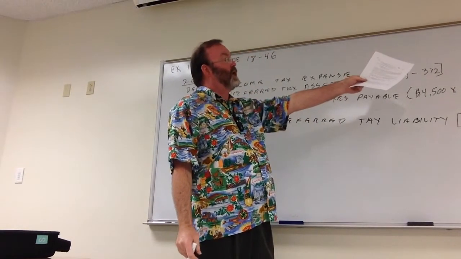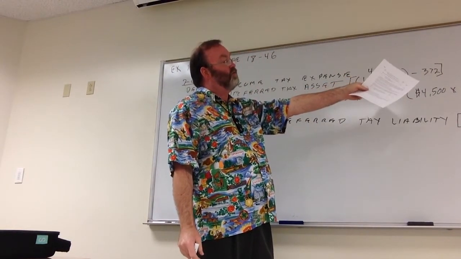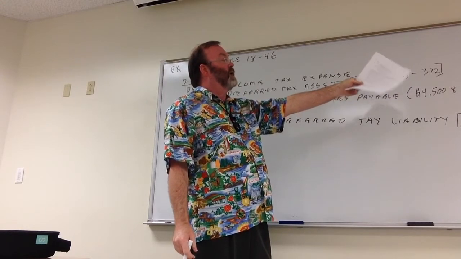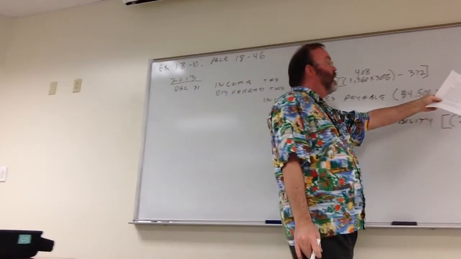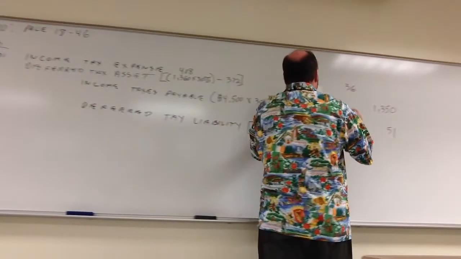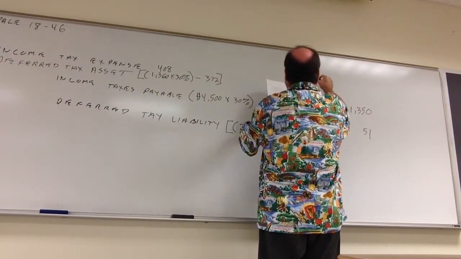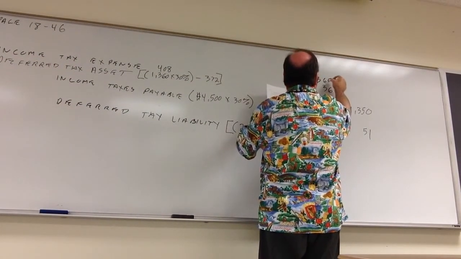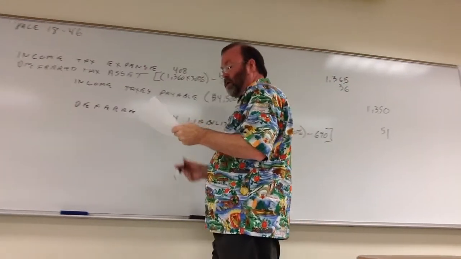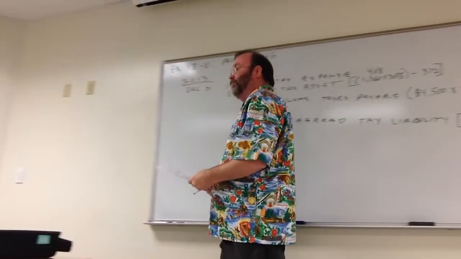If we take the 1,350, we add the 51, we get 1,401, and subtract the 36, we're left with 1,365 as income tax expense. Everybody good?